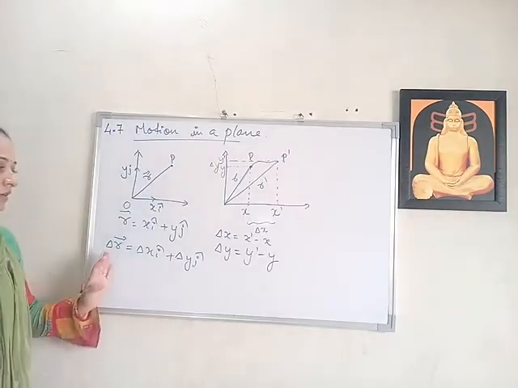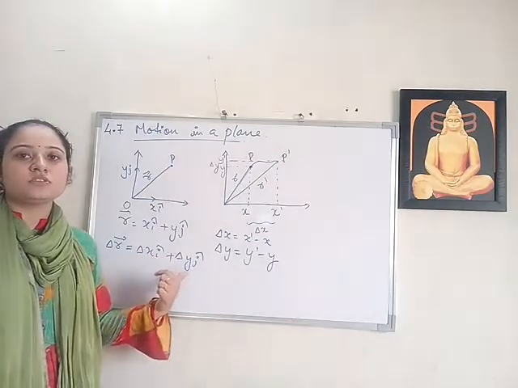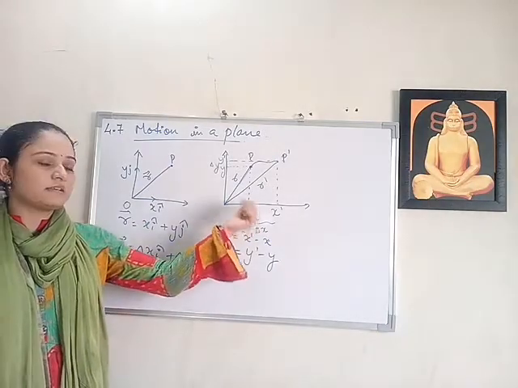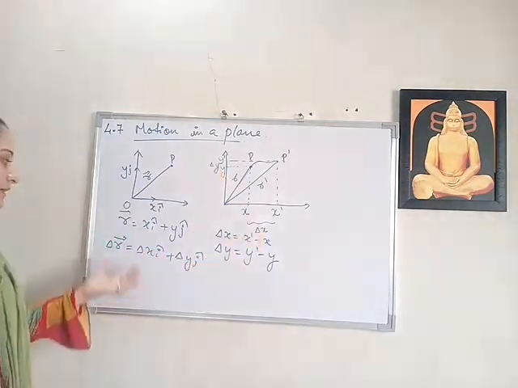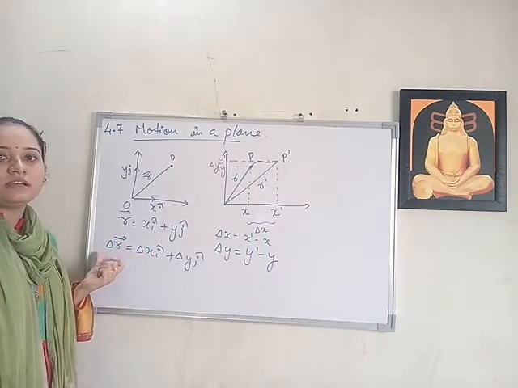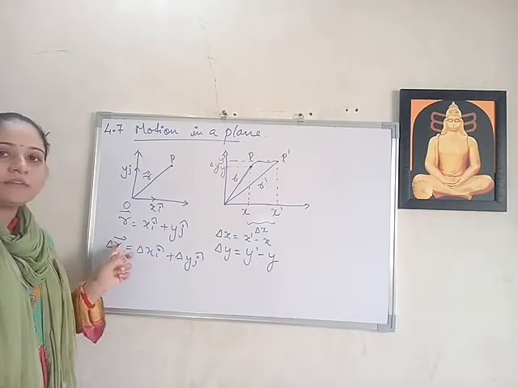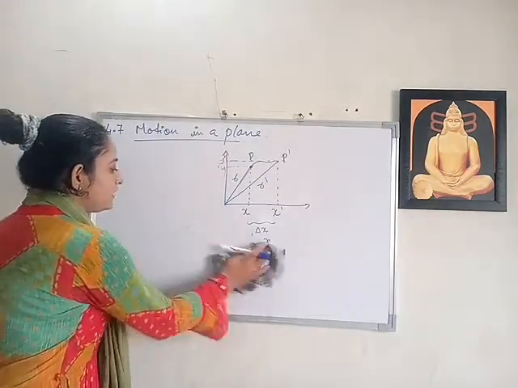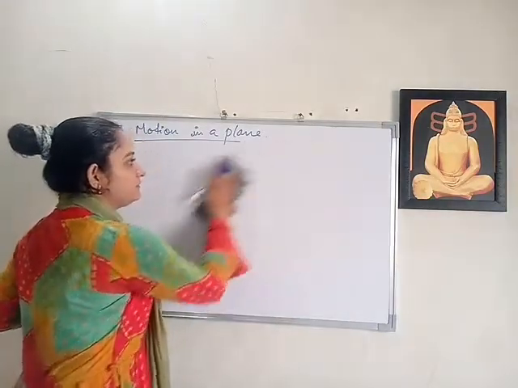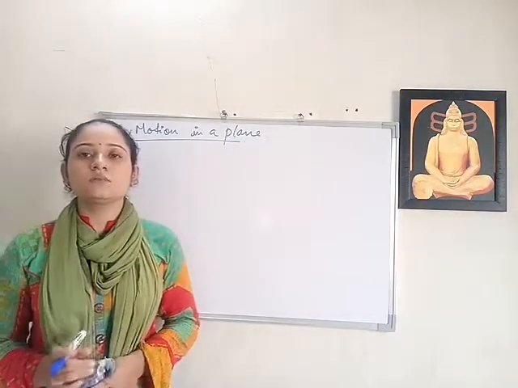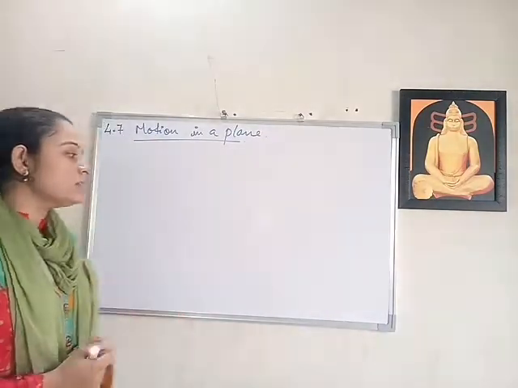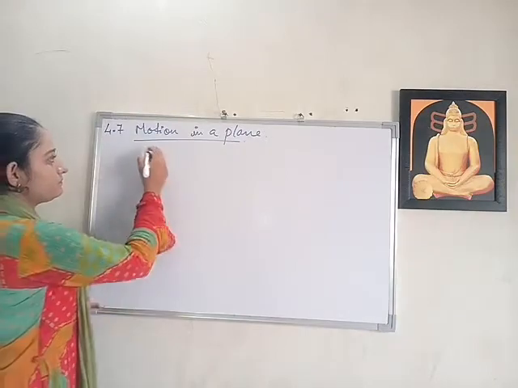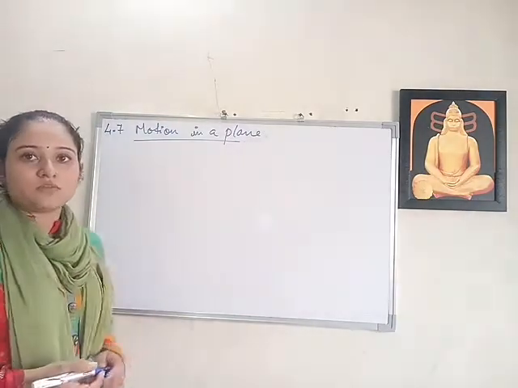So here these two, position at x-axis and y-axis, its displacement, and the position delta r, that is the vector quantity. Now we will talk about the velocity for the motion in a plane. Now consider, what is velocity first of all?